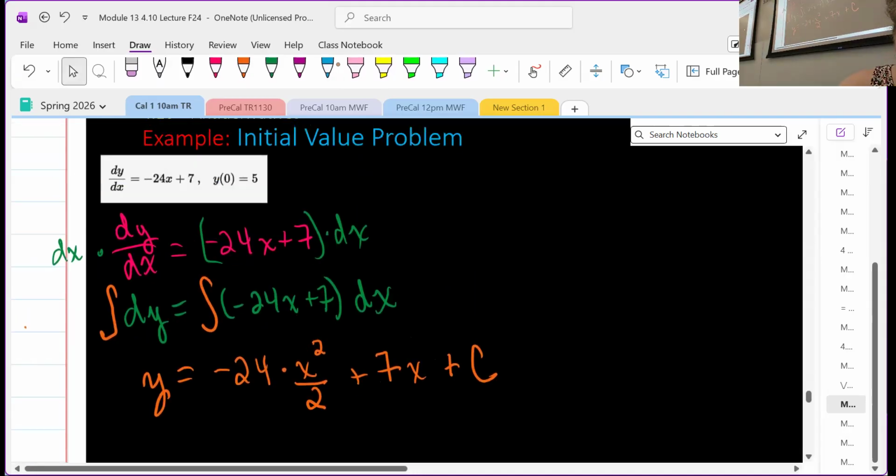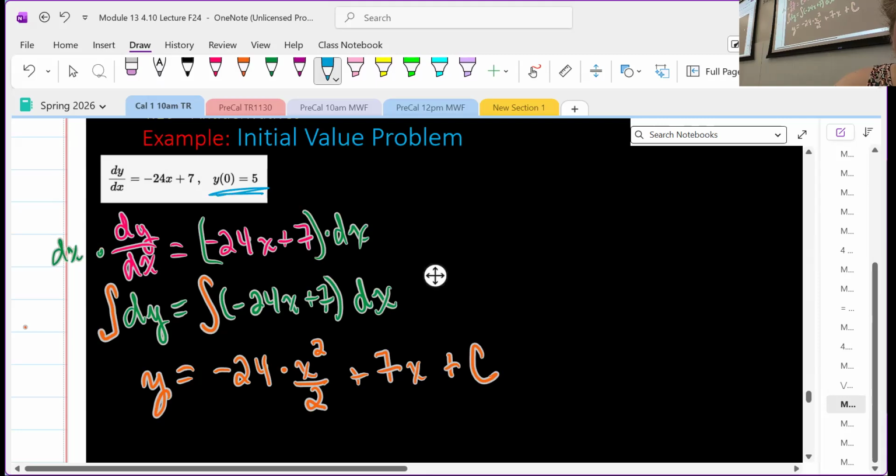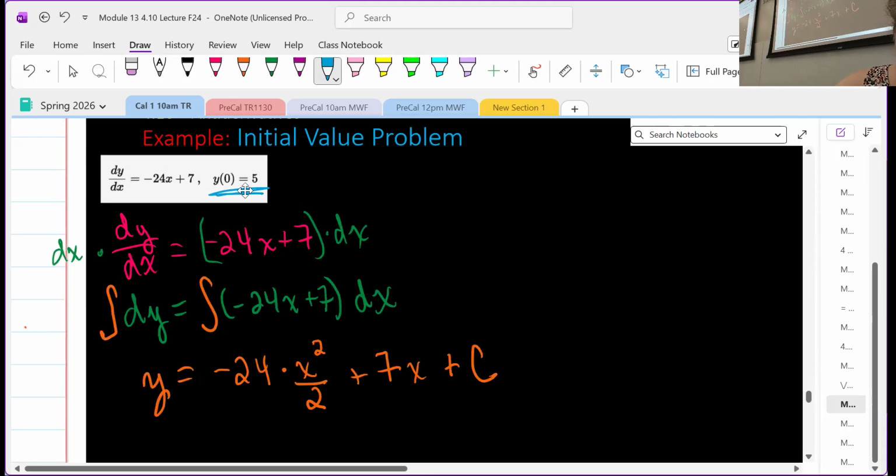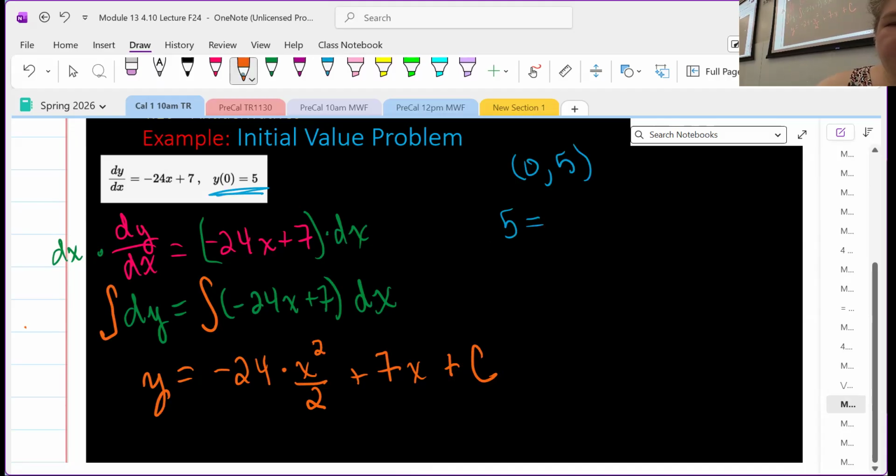So now we've just got to use the initial value in our function to figure out what c is. So our y value is 5. Now my negative 24 divided by 2 is negative 12 times x squared.